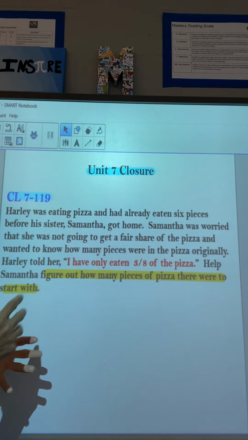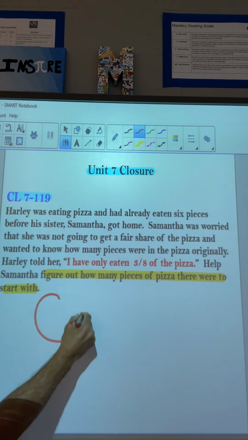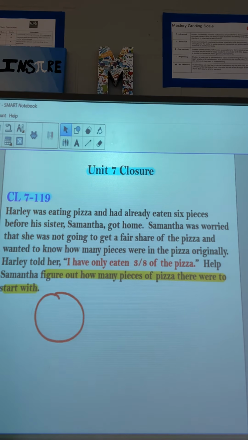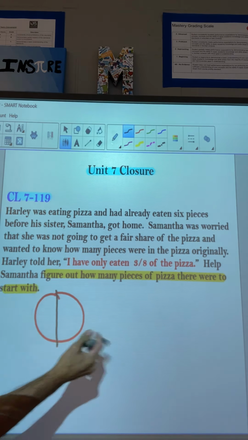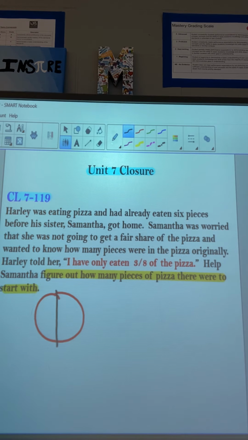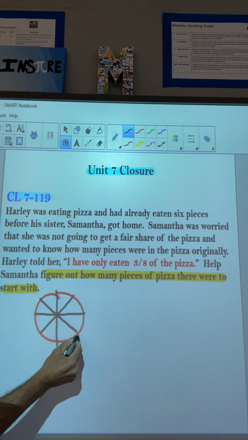Now, a couple of you are going to probably jump into drawing a picture. You're going to go, okay, so he ate 3/8 of it. So if half is 4/8 and the other half is 4/8, and he ate 6 pieces, I'm going to divide this thing up. 1, 2, 3, 4.